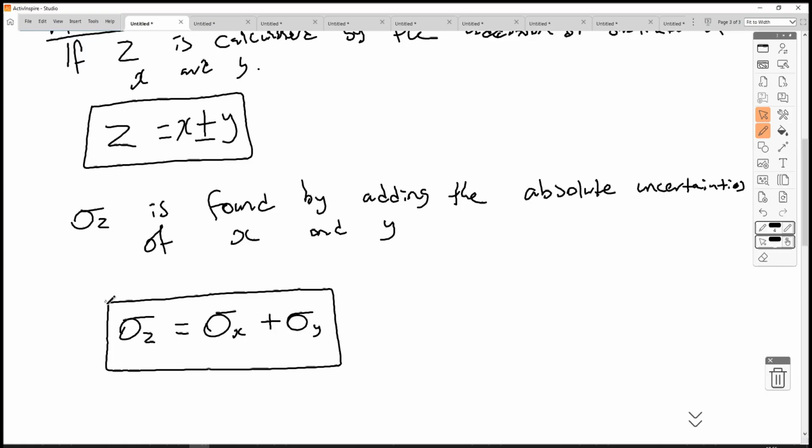Well, that's because when you think of these values x and y, it's x with an upper bound and x with a lower bound. Y with an upper bound and y with a lower bound. So when you combine those bounds together, the bounds actually get bigger even if the average value is decreased.